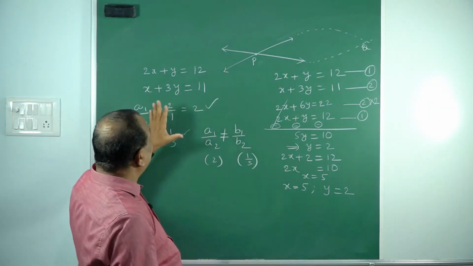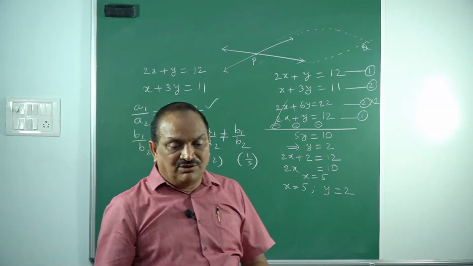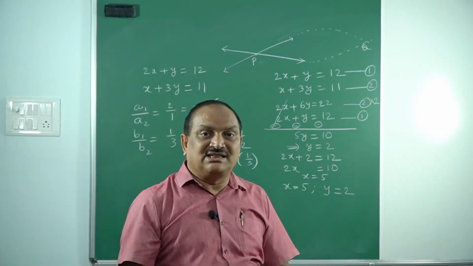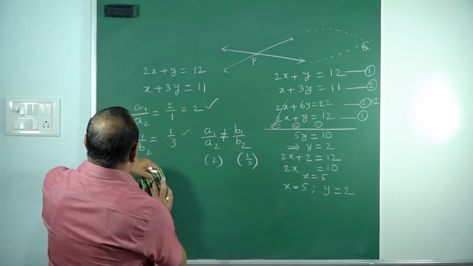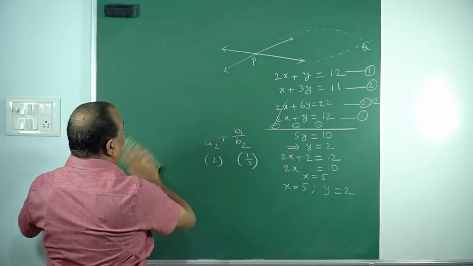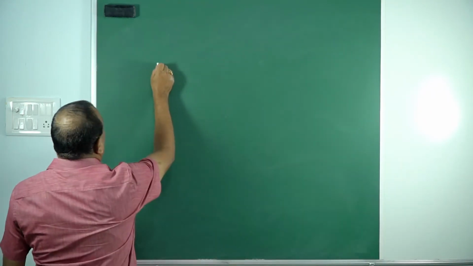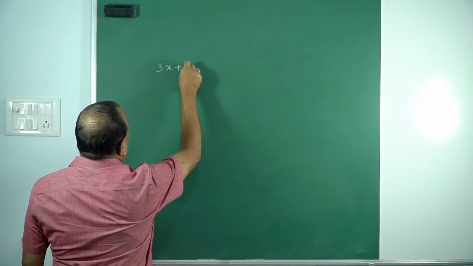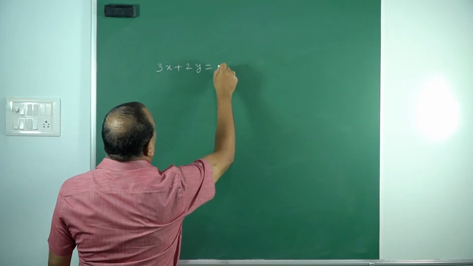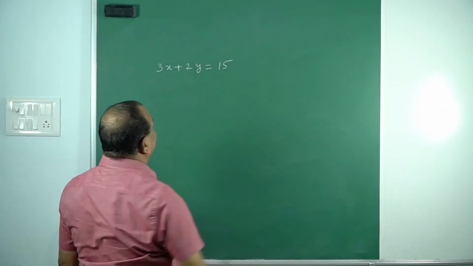So now this is one case we have seen where we have a system which has given us intersecting lines. I take one more case. I have an equation given here, say 3x plus 2y is equal to say some 15 or something.